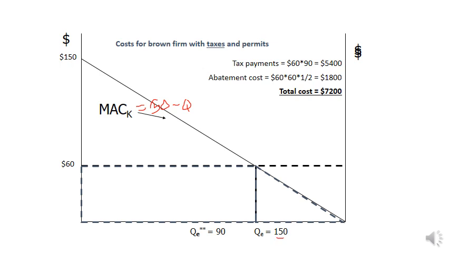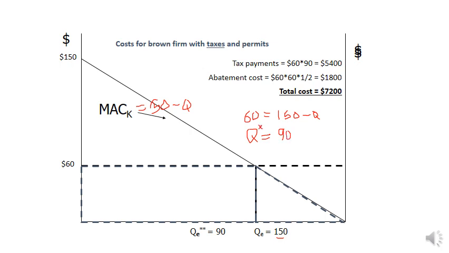In the presence of the scheme, how do we get their emission number? We set that marginal abatement cost equal to the tax. So 60 equals 150 minus Q. And from there, it's straight algebra to get that Q equals 90. And in fact, I'll call it Q star.